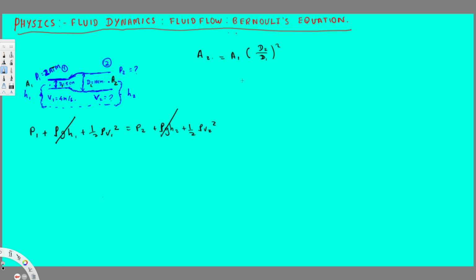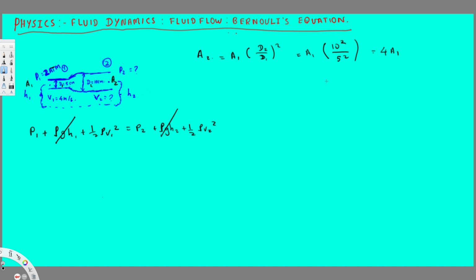This is the connection we can make, so let's plug in all the values. We have A1 times D2, that is known, 10 square, divided by D1, that is 5 square. That's going to give us 100 over 25, which is 4A1, right?